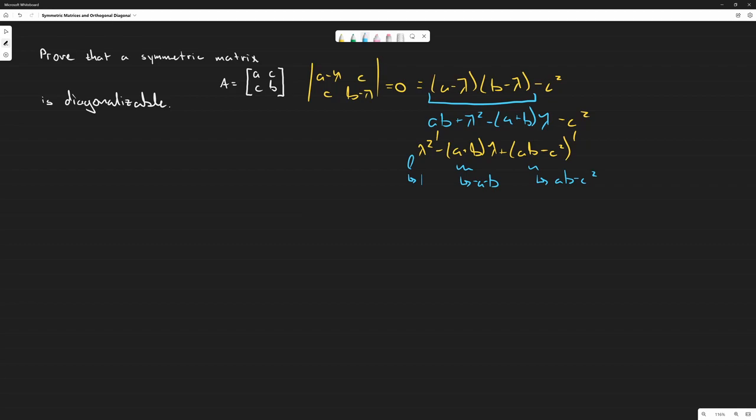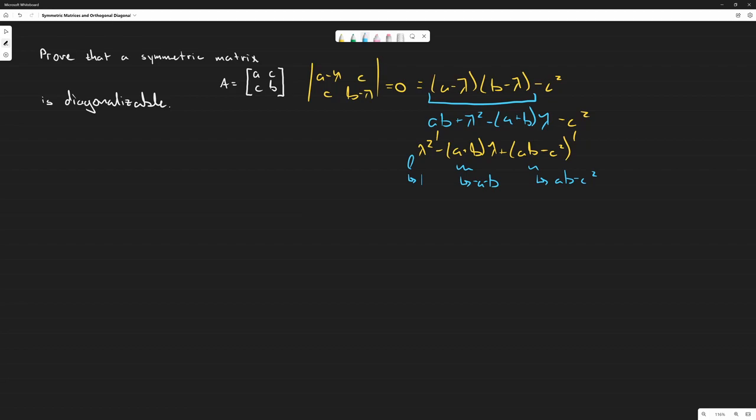I am not going to solve for the eigenvalues here, mostly because it's not going to tell us anything. But what we can do is take the discriminant of this polynomial, and this will tell us if we're going to have a real solution or a non-real solution.